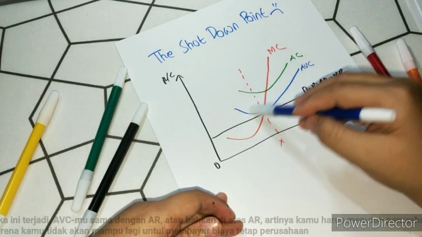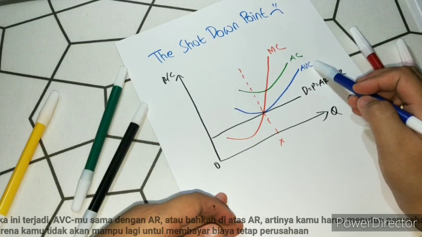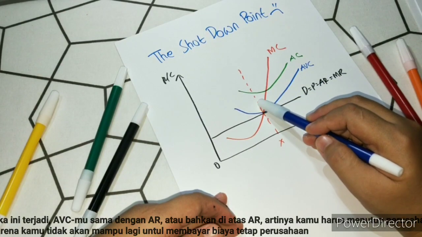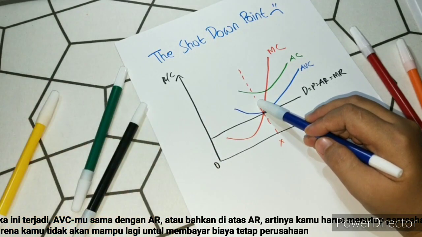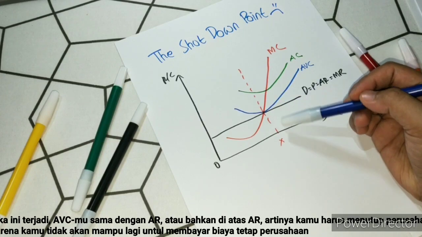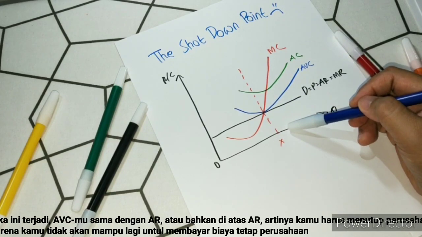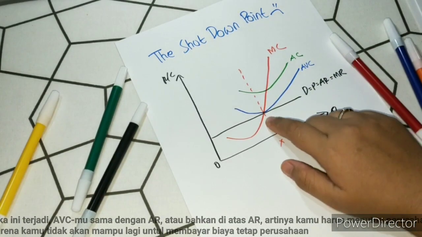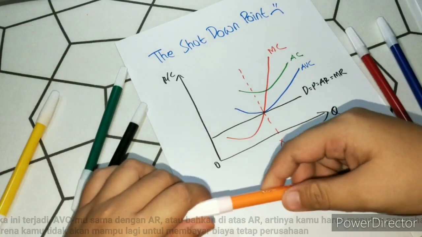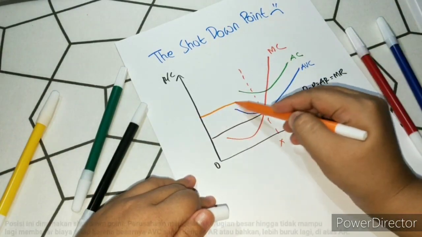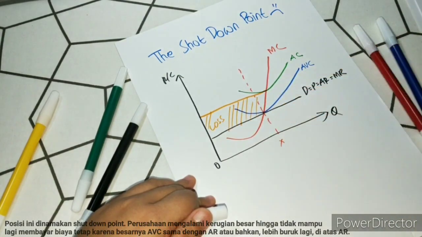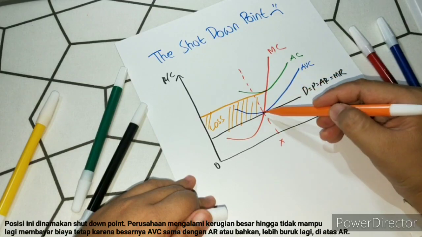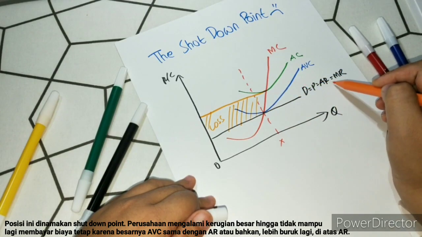If this happens, or your average variable cost is way above the average revenue, it means you have to stop operating your company, because you cannot afford to pay your fixed cost anymore. So this is the shutdown point. This is a big loss, very big until you cannot pay your fixed cost, because your average variable cost has become the same as your average revenue.